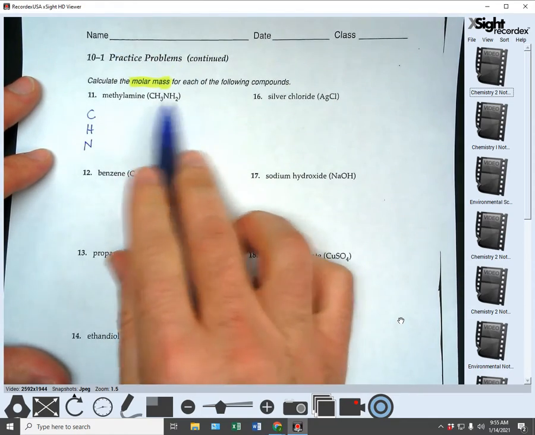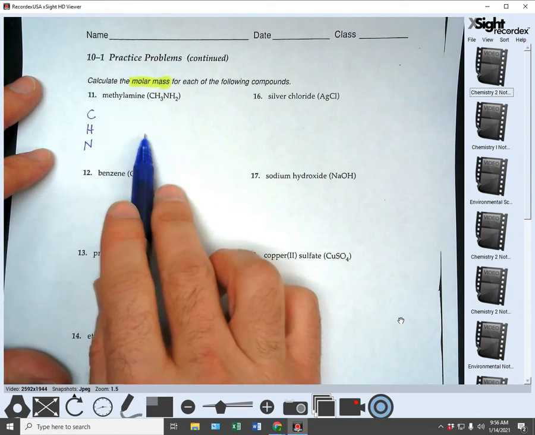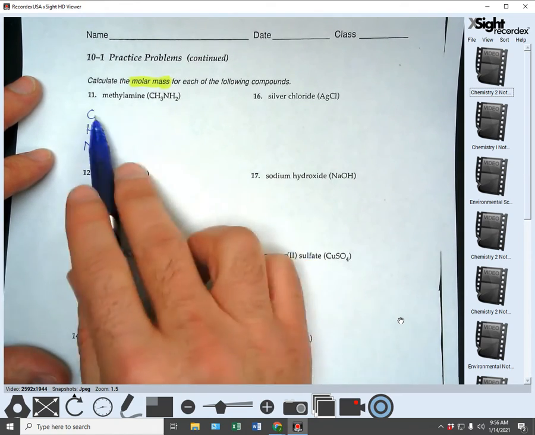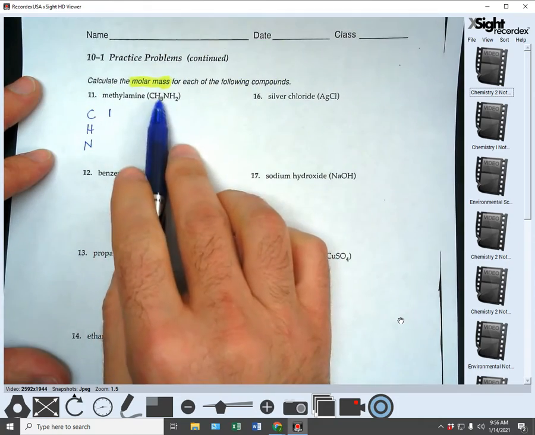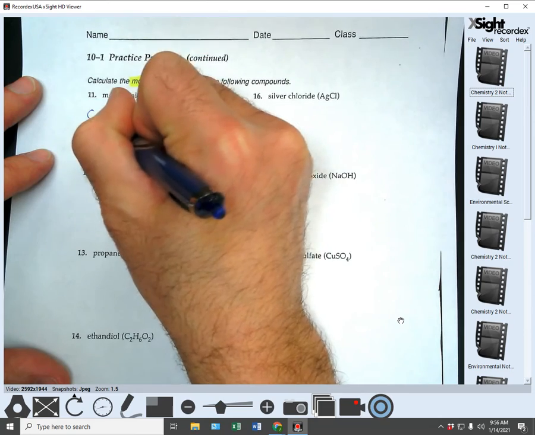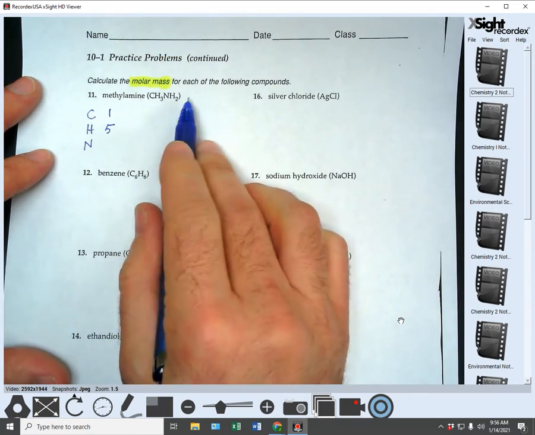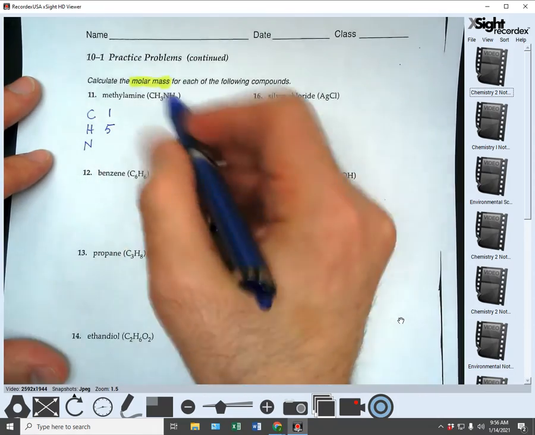Now, we've got hydrogen twice. You don't have to write it down twice. You can just put it all in one thing here. Okay, so how many carbons do we have? We have 1. How many hydrogens? We got 3 here and 2 here, so a total of 5. We're adding these because the number's not outside of parentheses. We're not multiplying it in, okay? So 3 and 2 is 5.